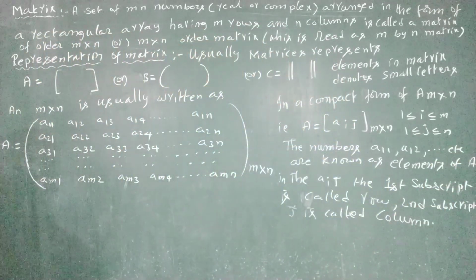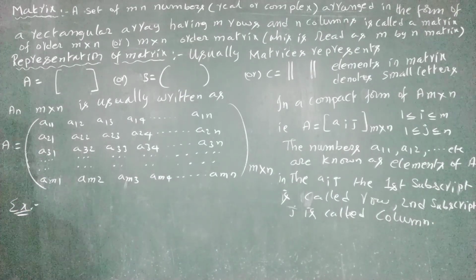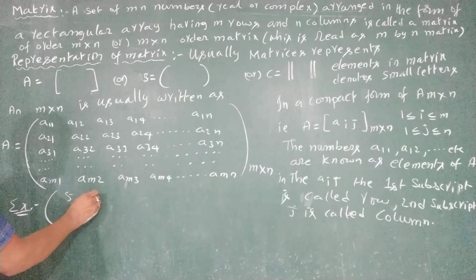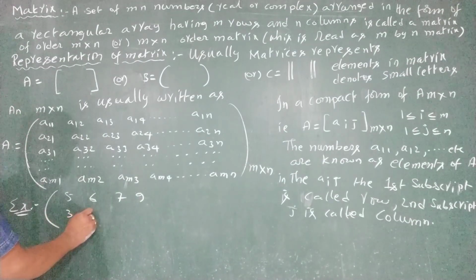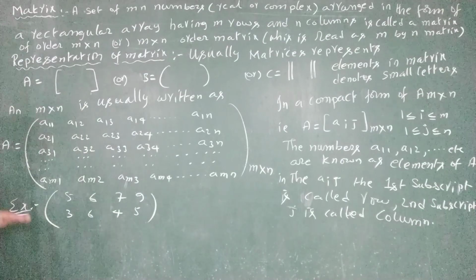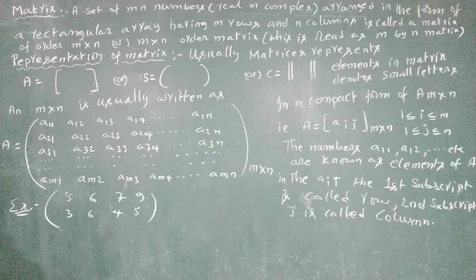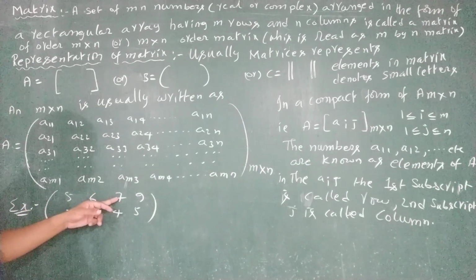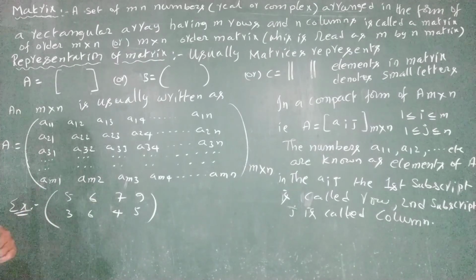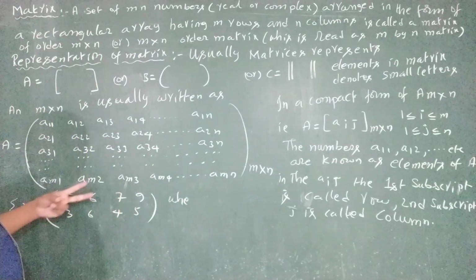Now, for example, take the matrix with rows 5, 6, 7, 9 and 3, 6, 4, 5. In this matrix, 7 is the element of the first row, third column, where this is 2 rows and 4 columns.